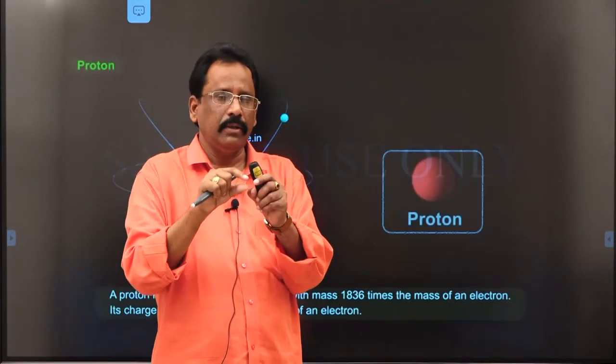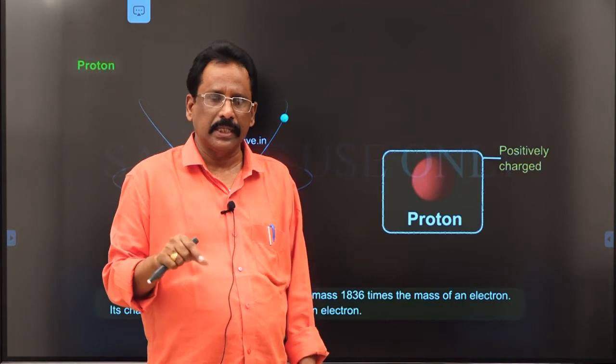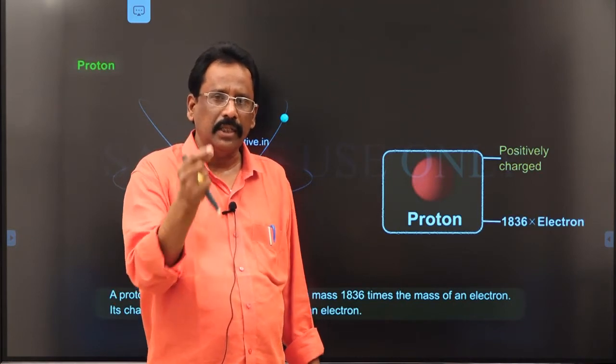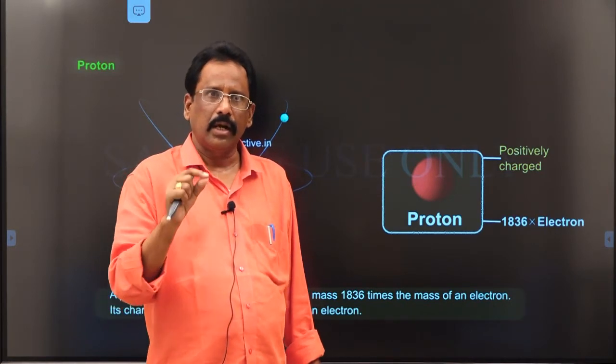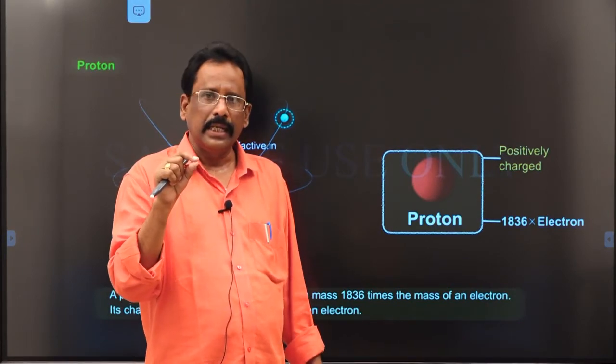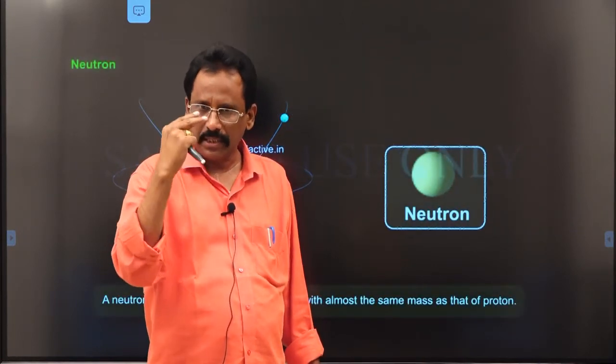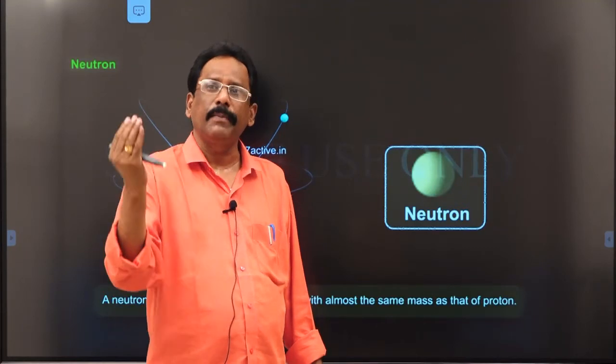So a very brief summary about the first topic in the chapter: Dalton's atomic theory is not correct. According to Dalton's atomic theory, atoms are indivisible and invisible also. Atoms are invisible, that is correct, but atoms still contain subatomic particles.